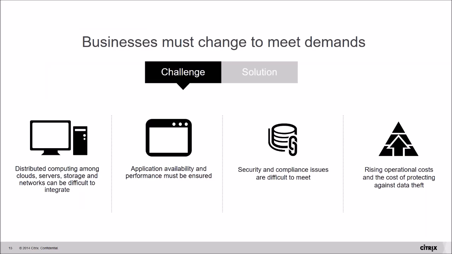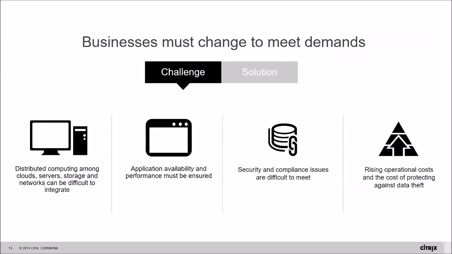And it's important that we have metrics around application availability and performance. If we're running applications and desktops over a range of resource locations, we really want to be able to see what that end user experience is in each of those locations and ensure that we're meeting end users' expectations. Security is pretty key as well.